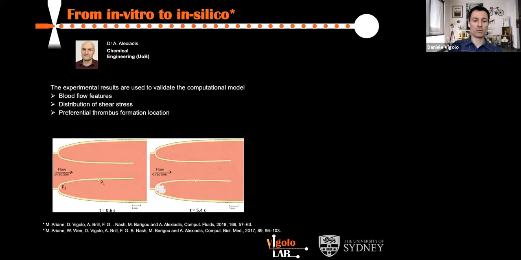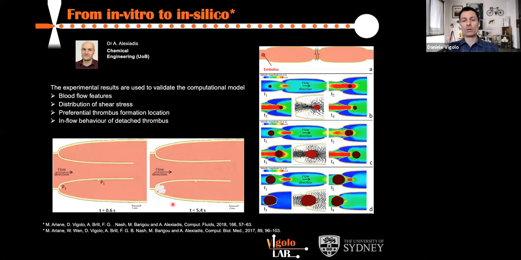As you can see in this case, there are two sticky spots, P1 and P2, and after some time, this is clearly the preferential location for the growth of the thrombus. But we also were able to monitor what happened to one of these thrombi after they detach, for example. And so the interaction with the subsequent valves, for example, depending on their size.